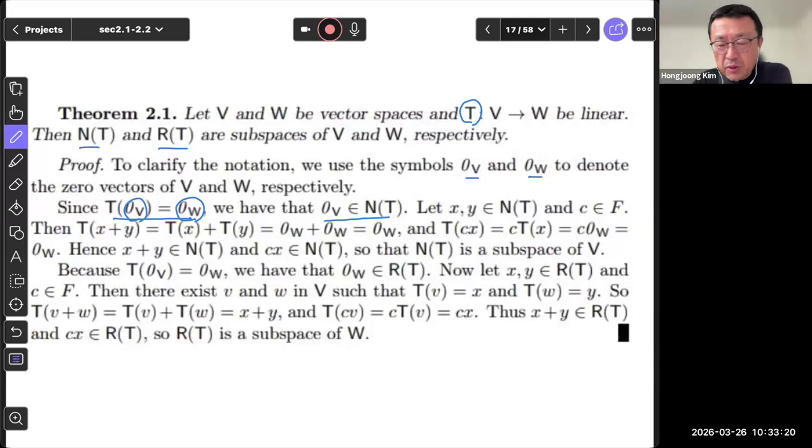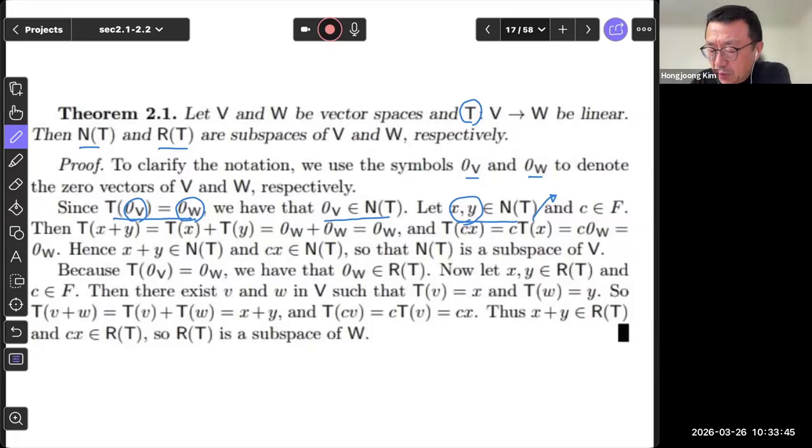So let us choose two arbitrary vectors in the null space, say x and y. What does that mean? It means that T will map x to 0 and y will also be mapped to 0.